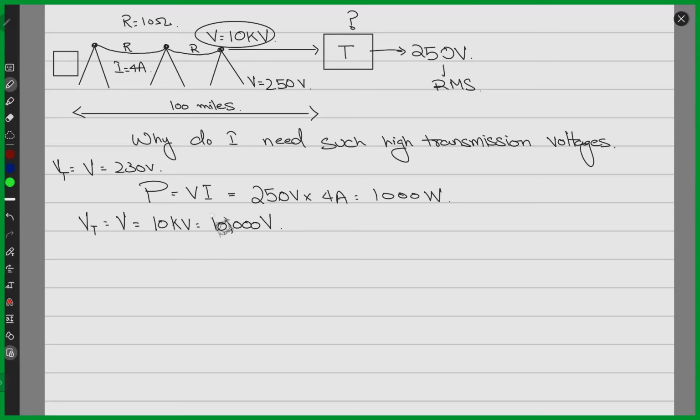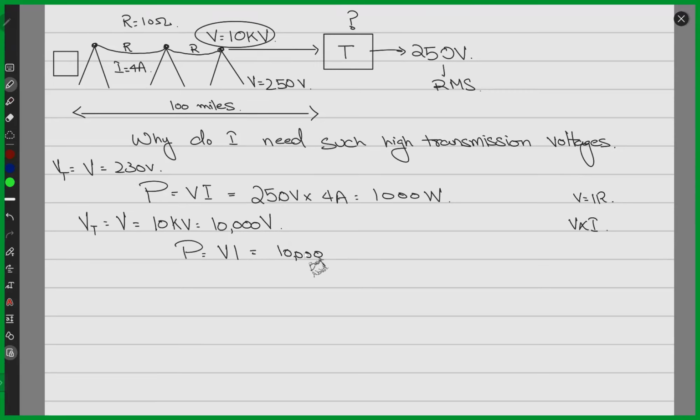Using this value and transmitting this amount of voltage will produce a power of what? Let's see. It would be VI, and for V you would have 10,000. But remember, because of this relation V is equal to IR, V and I are directly proportional.